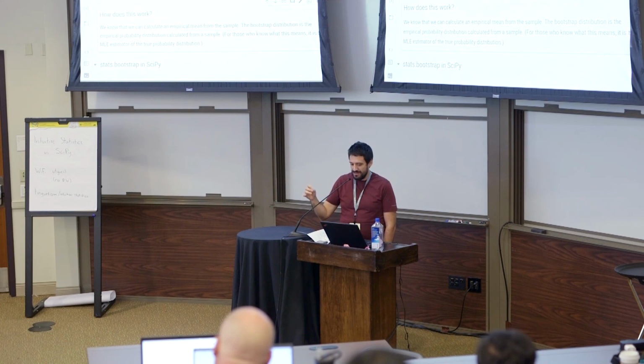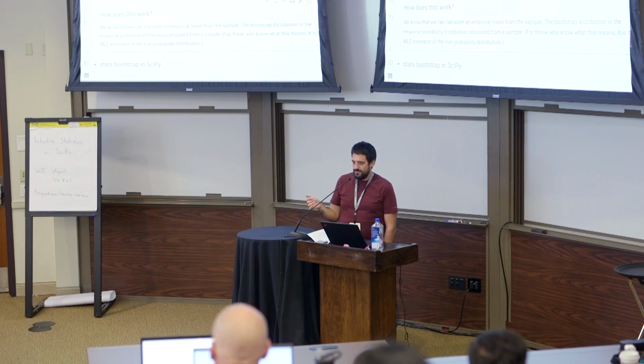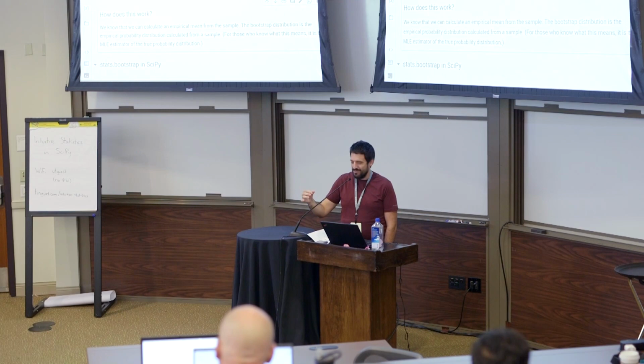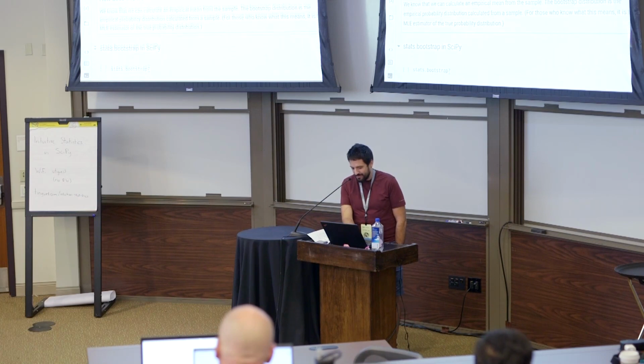If you want to check out the math, it is the maximum likelihood estimator of the actual probability distribution. That's why it works, but I'm still searching. I want to feel it in my bones why the bootstrap works. But it's very cool.